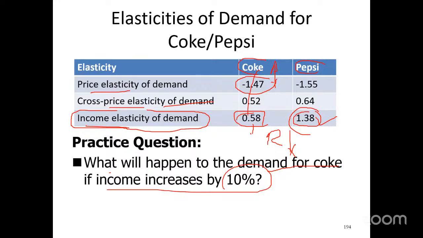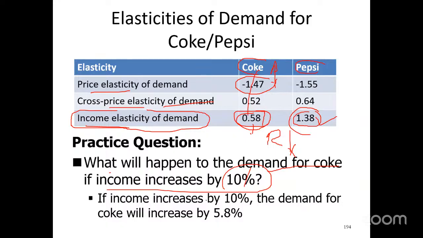The income elasticity of Coca-Cola is 0.58. If income increases 10%, you can predict the demand for Coca-Cola in that way. In this example, demand increases by 5.8%. You see, in different ways, at different levels, you take managerial decisions. You can use this elasticity concept.